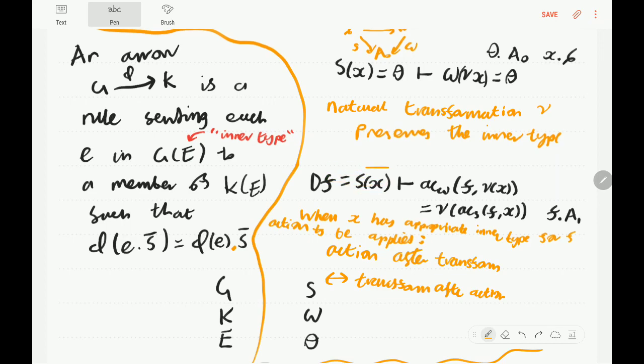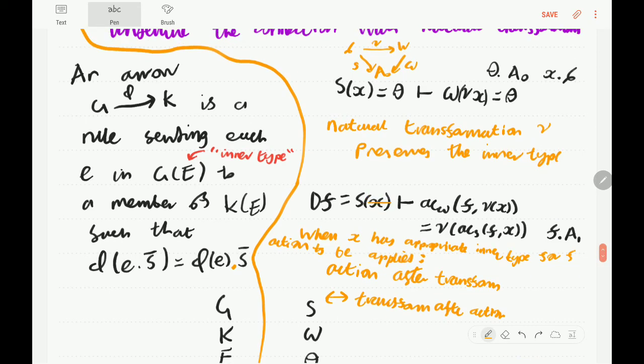But what it's saying basically is that if we have this x in zeta, well, suppose it's ready to be acted on by this arrow f. So its internal type is the same as the domain of f.